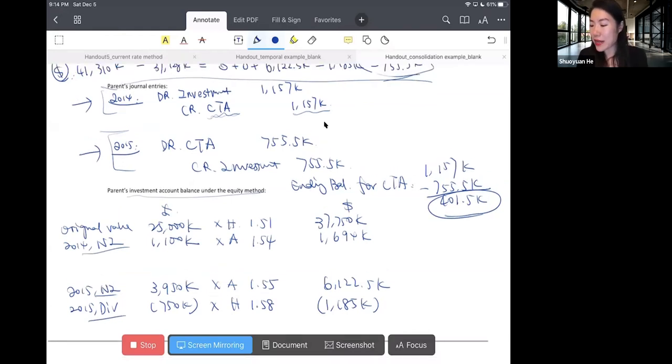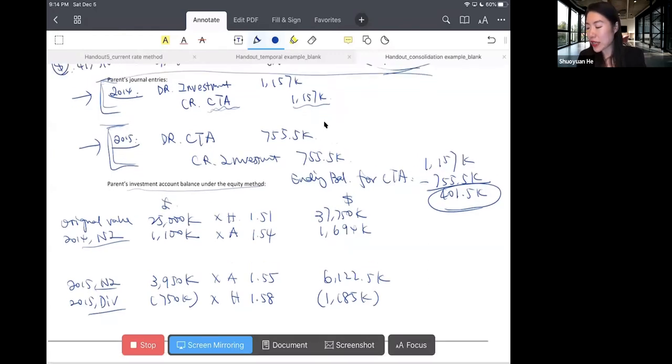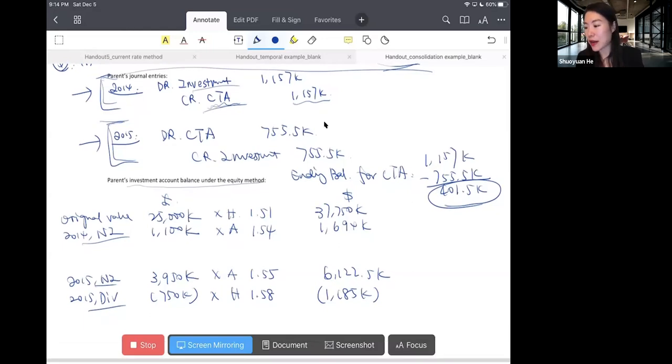However, if the firm is using the current rate method and under the equity method, the parent needs to make these two additional journal entries. In the year 2014, the impact of this journal entry will increase the firm's investment account by 1.157 million.